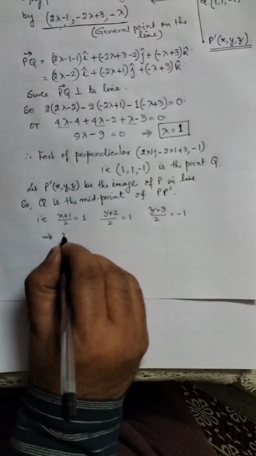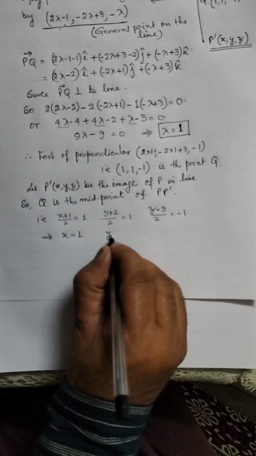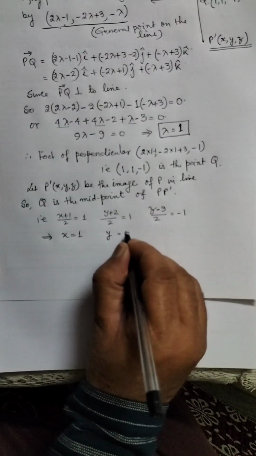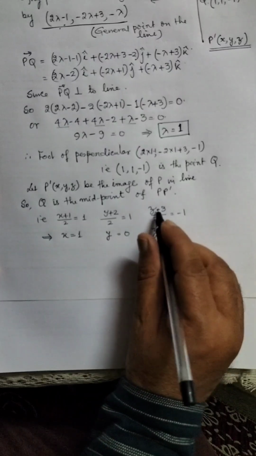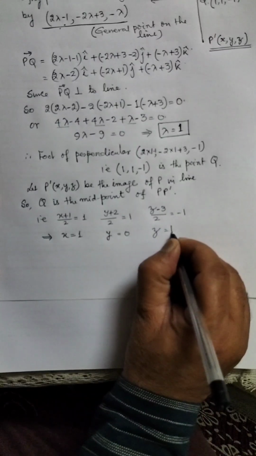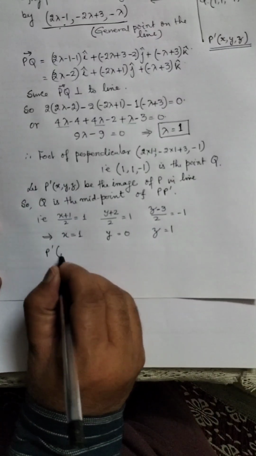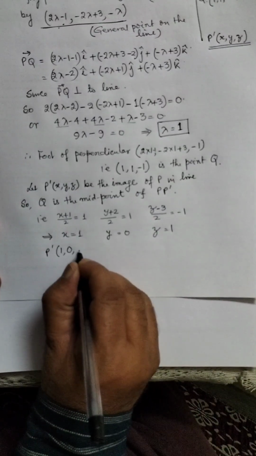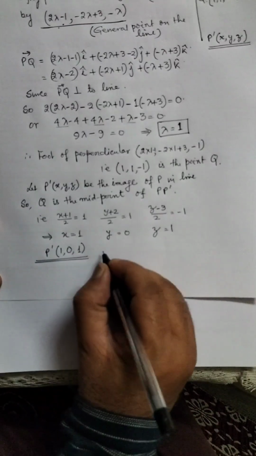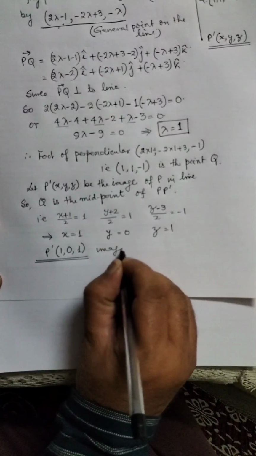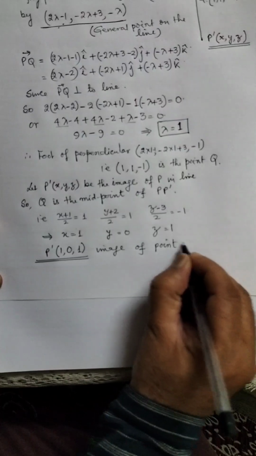This gives x = 2 - 1 = 1, y = 0 and z = -2 + 3 = 1. So P dash is (1, 0, 1). This is the image of point P.